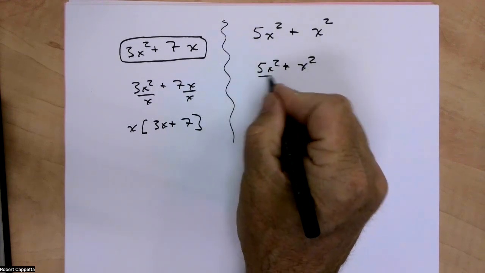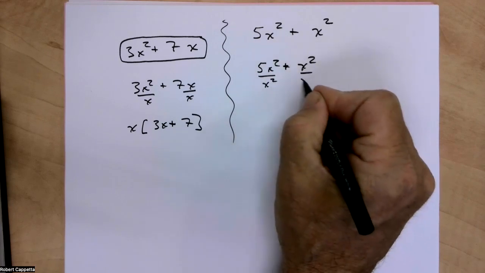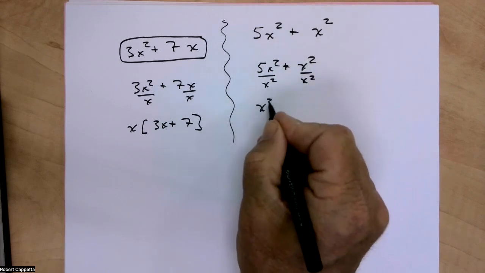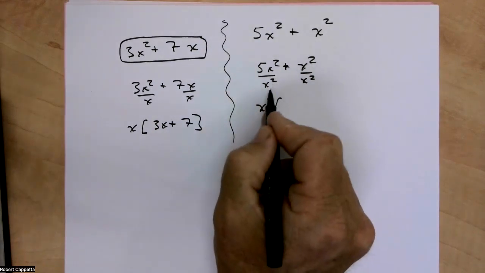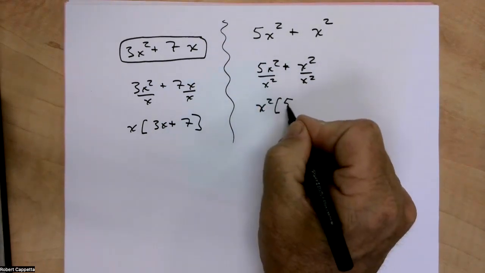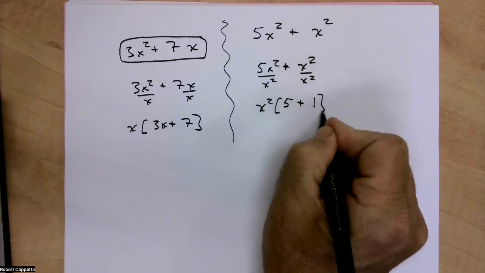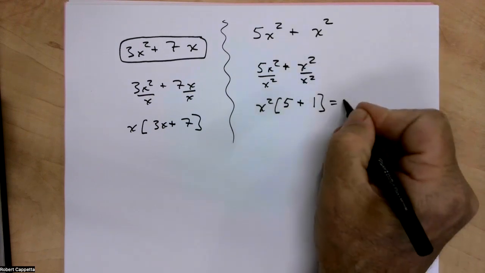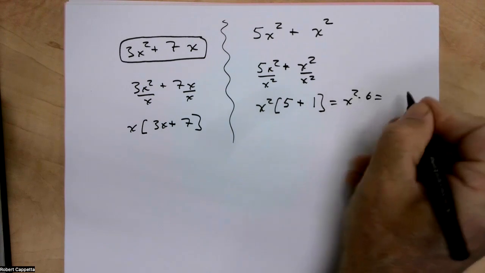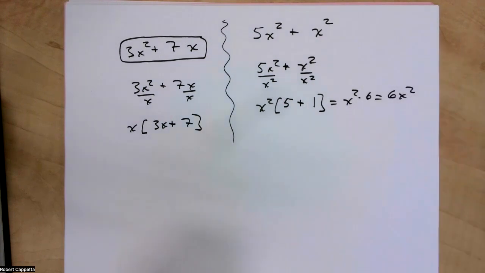Each of these terms has a common factor of x squared. So if I factor out the x squared, what am I left with? 5x squared divided by x squared is 5, plus x squared divided by x squared, anything over itself is just 1. So we get x squared times 6, which is 6x squared.